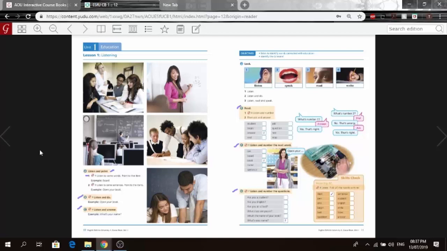Here goes. Open your book. Which is your desk? Can you give me a chair? There's someone at the door. Is this your classroom? What's the name of your teacher? Are you a student? Could you lend me a pen? I've only got a pencil.